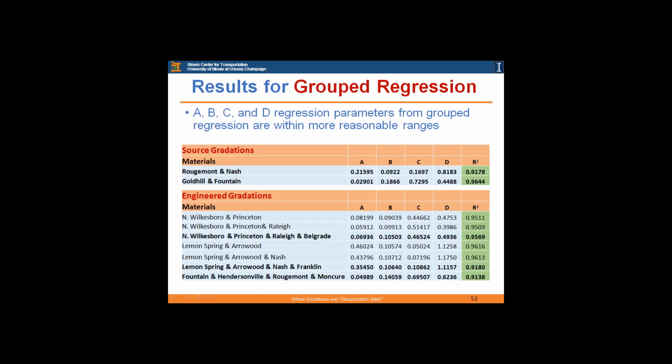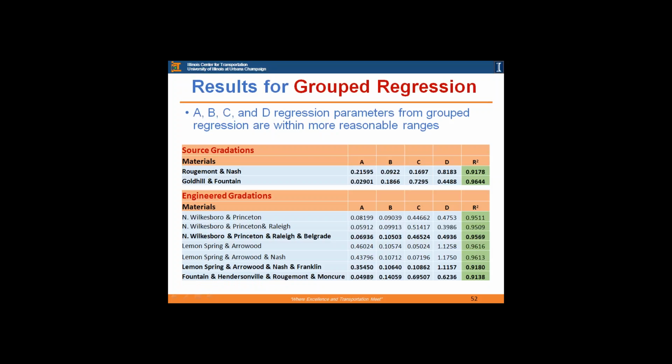And these are the results for the ABCD regression parameters from the grouped regression. If you look at the results now, the A values are within good ranges. They're not very variable anymore. And the C and D values are always positive, which makes sense. Starting from this point, we chose ranges for the ABCD values to run the model parameters using the forced regression.